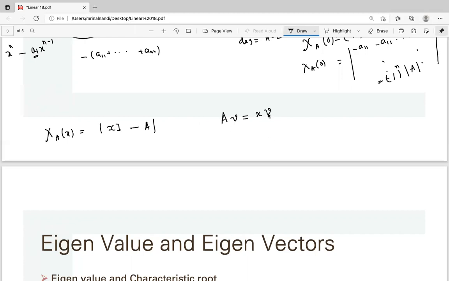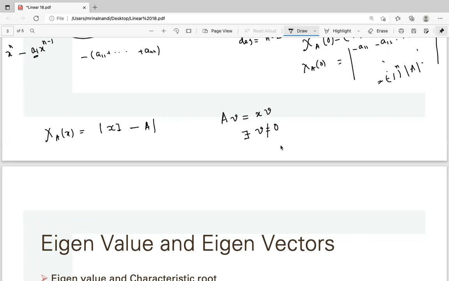V equal to 0 satisfies this for any x and any A. But the question is whether there exists a non-zero vector V such that AV equal to xV for a fixed A and x.